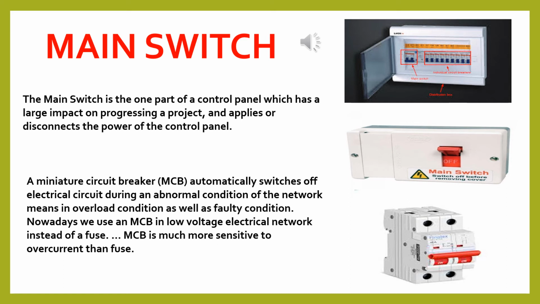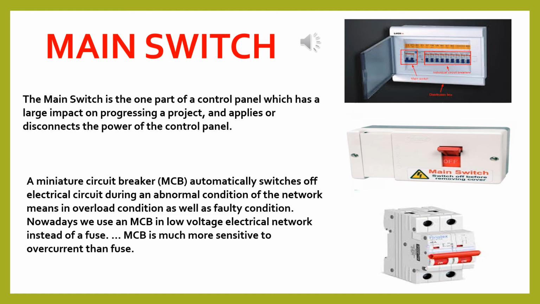Otherwise, anytime it may give a shock. Now, this is not in your book, but it is very important from our everyday life. A term MCB, we always hear. Actually, what is this? MCB, full form of this, a miniature circuit breaker.